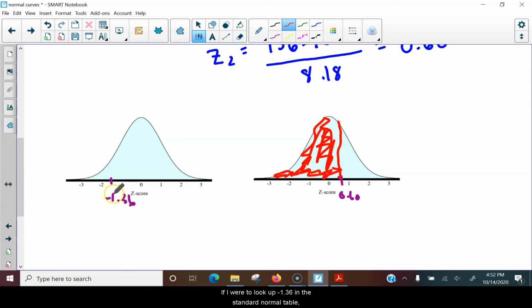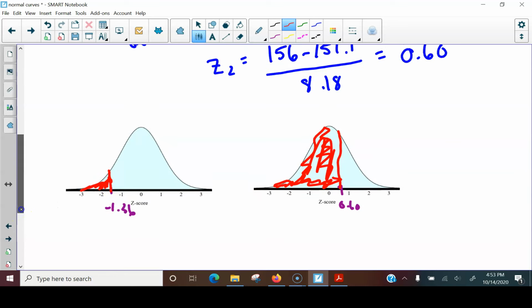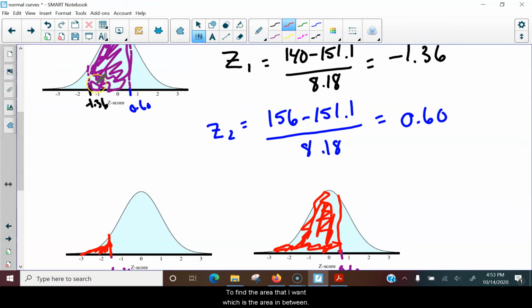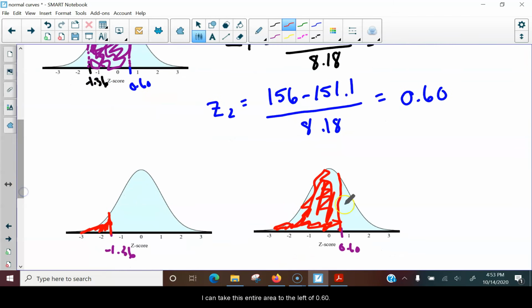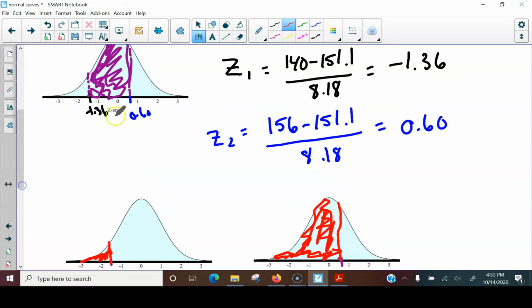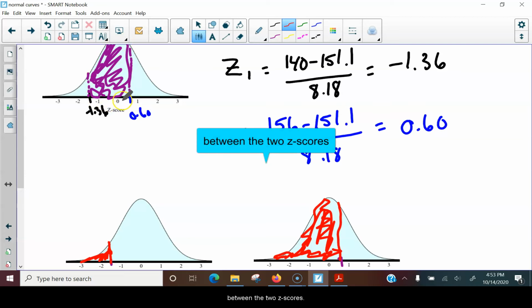If I were to look up negative 1.36 in the standard normal table, it would give me all of this area. To find the area that I want, which is the area in between, I can take this entire area to the left of 0.60 and subtract the area to the left of negative 1.36. When I take this red area minus this littler red area, I am left with just this purple area, which is the area between the two curves.